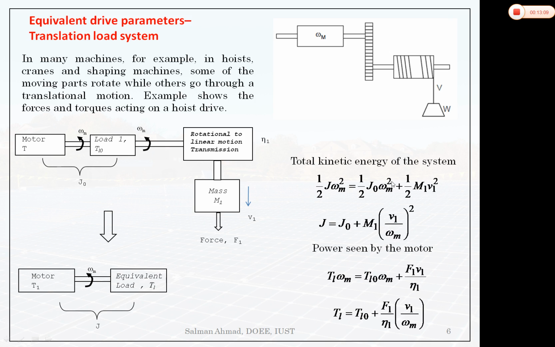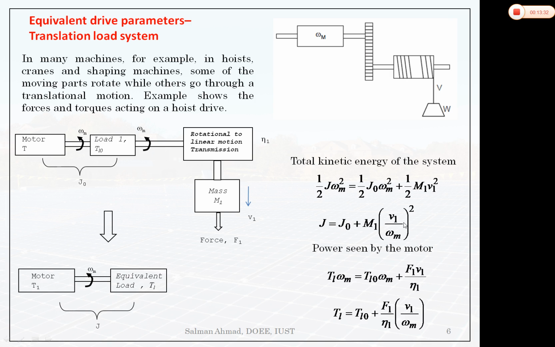Now half will be cancelled from both sides. Divide both sides by omega m square. So we get J is equal to J naught plus m1 v1 square upon omega m square. This will be the equivalent moment of inertia of this system transformed into this system.